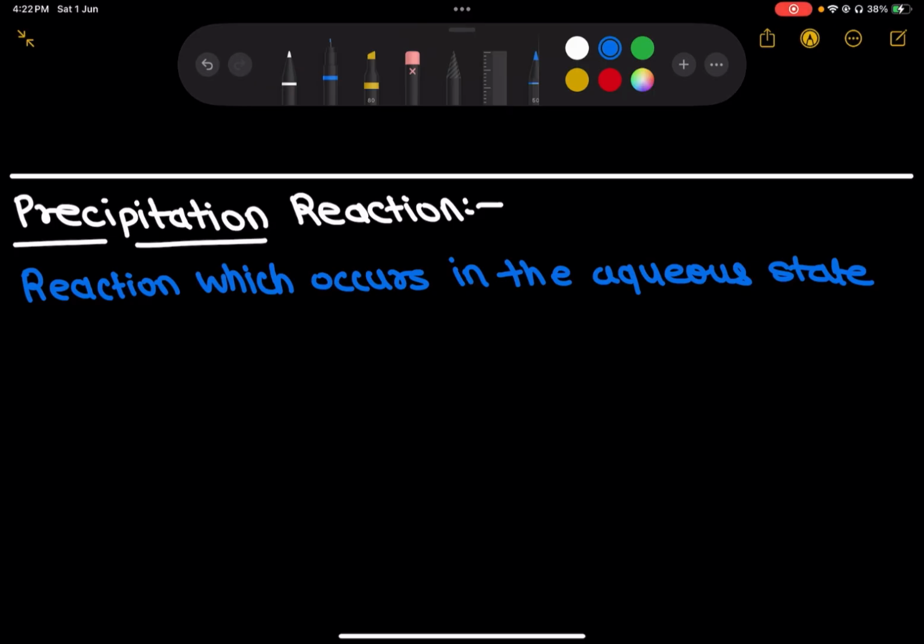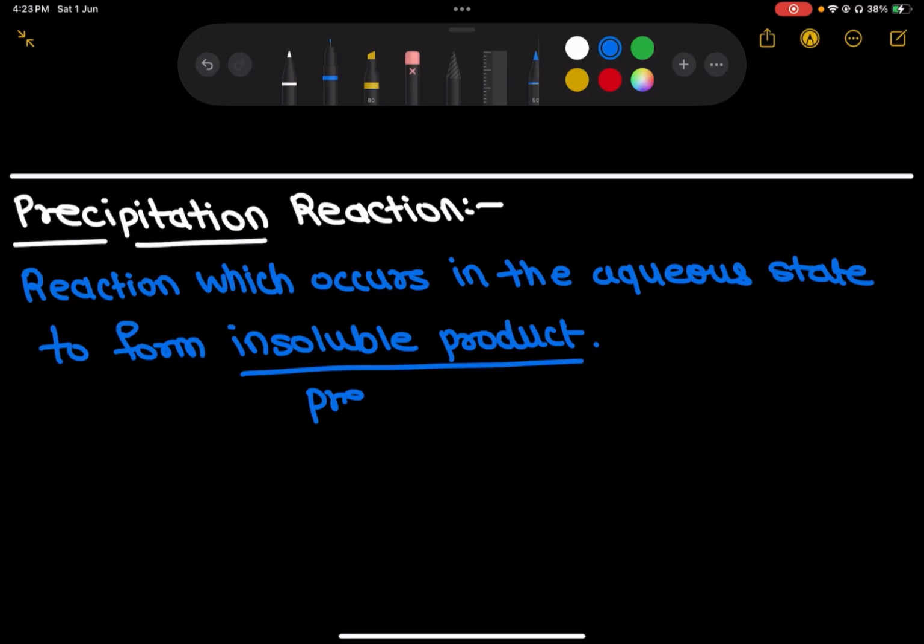A reaction which occurs in the aqueous state to form an insoluble product is known as a precipitation reaction. The insoluble product can also be called a precipitate. This is the simplest definition, but the proper definition is a reaction that occurs in the aqueous state to form an insoluble product.